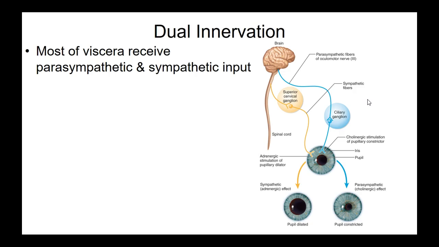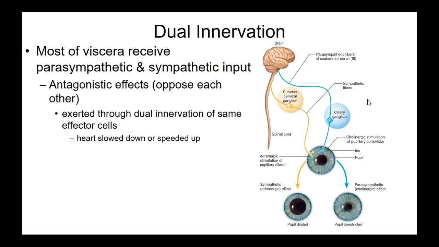So here, not surprisingly, the sympathetic innervates the dilator muscle, and the parasympathetic is going to be innervating the constrictor muscle. Right? So here, what we see is two separate effectors that have opposite effects. Right? So they antagonize each other.